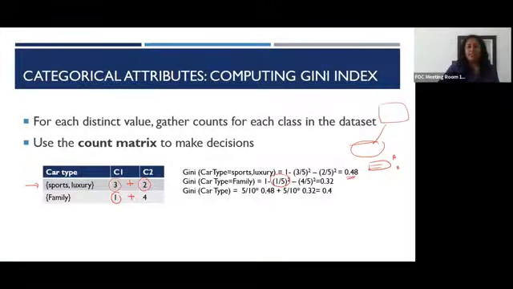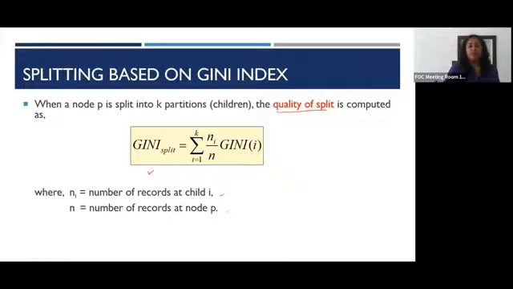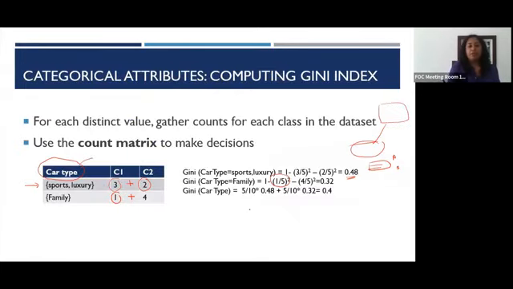Right. Now we have to compute the Gini index for the node. The node is car type. Then you have to use the second equation, this one. How do you use it? The Gini index for car type. You compute the first partition: altogether there are 5 rows. The second partition has 5 rows.